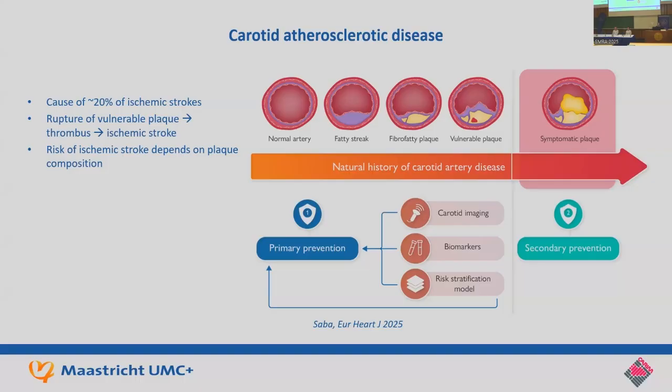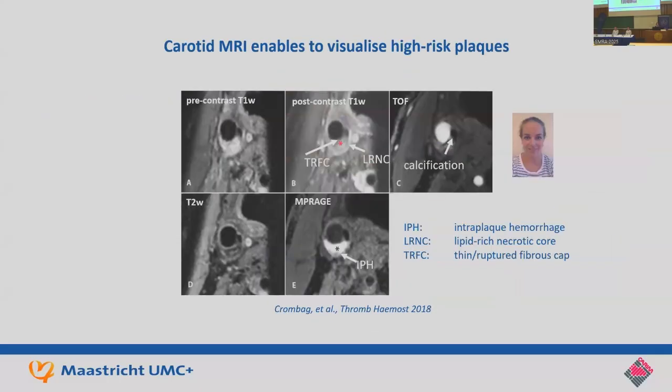With carotid imaging, we can estimate the stroke risk and contribute to primary as well as secondary prevention. It has been shown by many researchers that using multi-contrast MRI, you can visualize the main components of the plaque. In the post-contrast images, the lipid-rich necrotic core does not enhance after contrast injection.